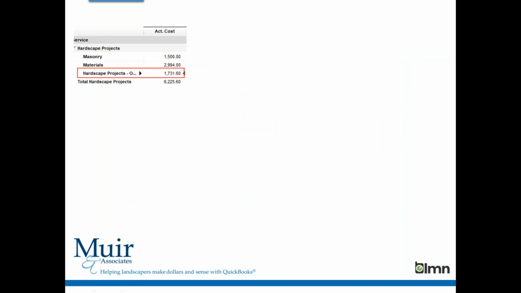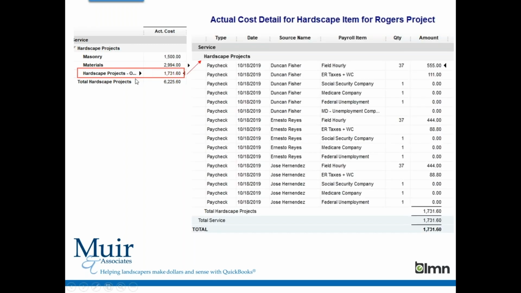But the other nice thing is in that job profitability detail report, remember I talked about how the job costing is really good in QuickBooks. You can drill down. So I can take this hardscape project, which turned out to be my labor cost. Notice that it pulls in the paychecks that were on the job, and it pulls in their wage information, but it also pulls in the payroll taxes.